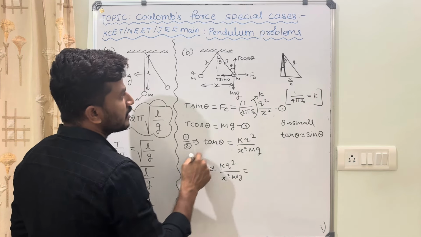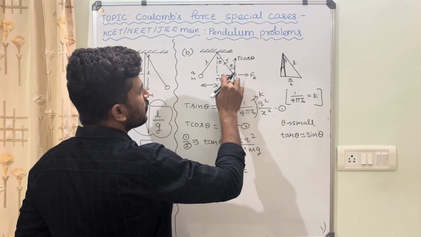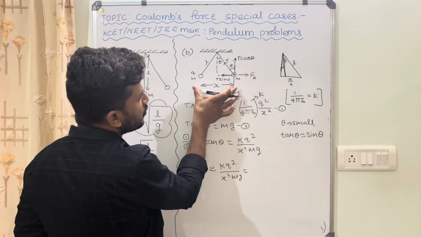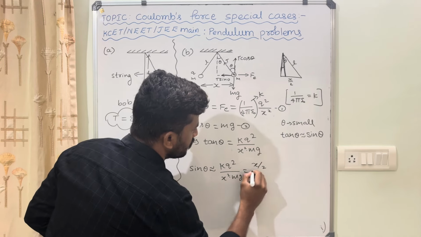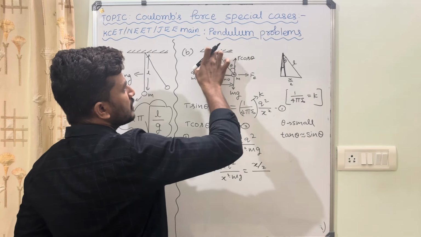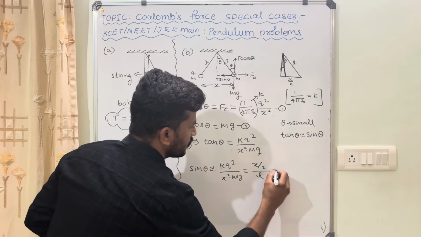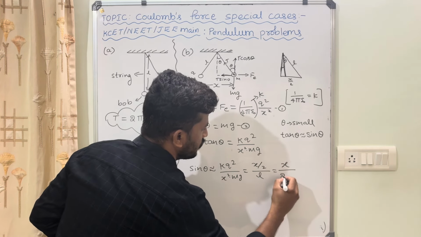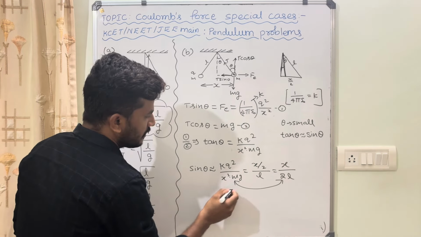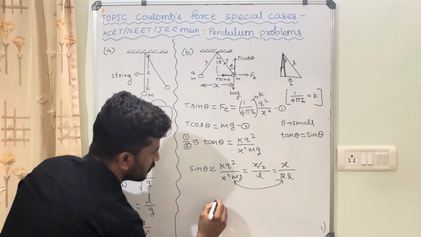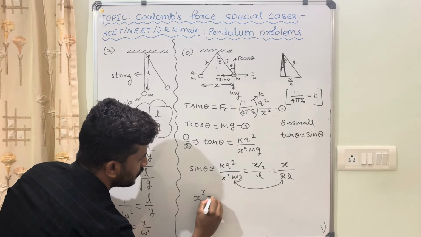Now tell me, what is sin theta? Sin theta is given by opposite by hypotenuse. Opposite is total x, half of it is x by 2, x divided by 2 divided by hypotenuse, the length l. So x divided by 2l. So from these two, what I can get is x square into x, x cube, is equal to 2l.